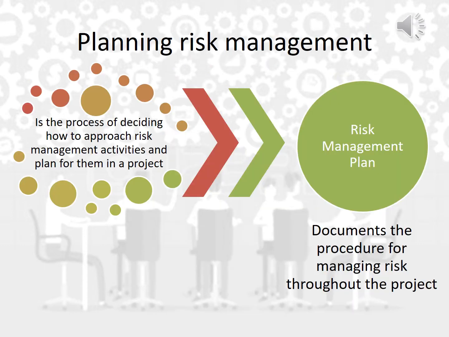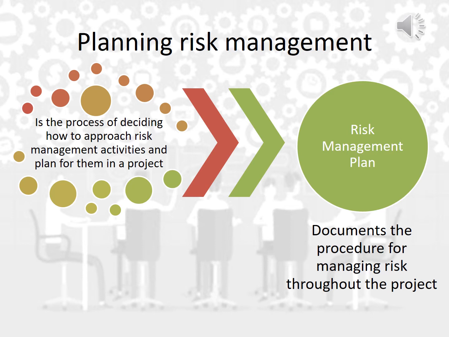Let's start with the first process, which is planning risk management. As you saw in the previous slide, the output should be the risk management plan, as it is clear here in this slide. So what can we do in this process?